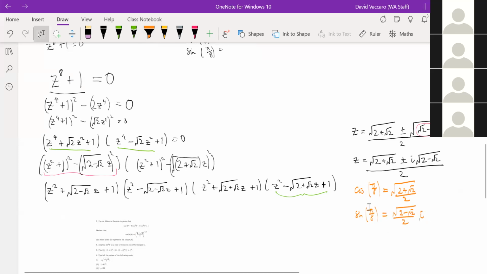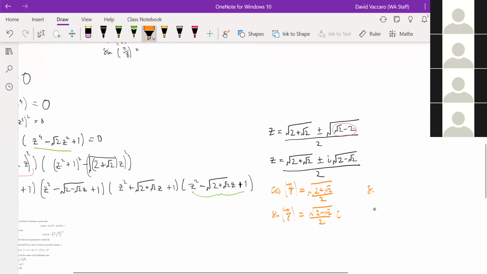Try and think what expressions for sine pi over 16 would look like, or sine pi over 32 would look like. You'll end up with square roots of square roots of square roots of square roots.